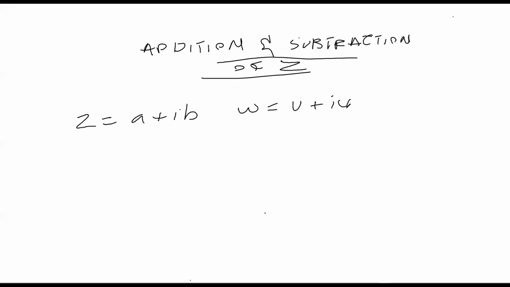In a situation like this, the question will tell you that you have two complex numbers, this and that, so find z plus w. It's going to show you that, so you know that this is addition.